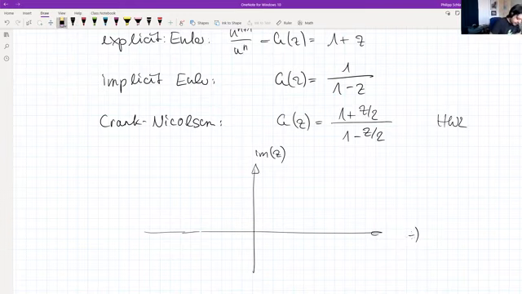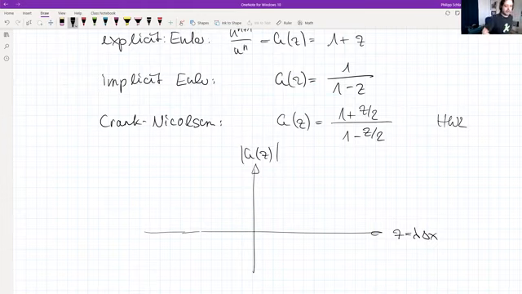Sorry, I messed up something. This one here should be Z being lambda times delta x. So this is the value of Z, and here you would have the G of Z. I'm sorry, so like this.